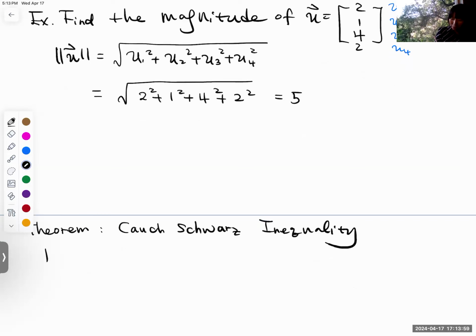This time they're using absolute value: the absolute value of u dot v. Absolute value means they don't want the negative, right? It is less than or equal to the magnitude of u times the magnitude of v.